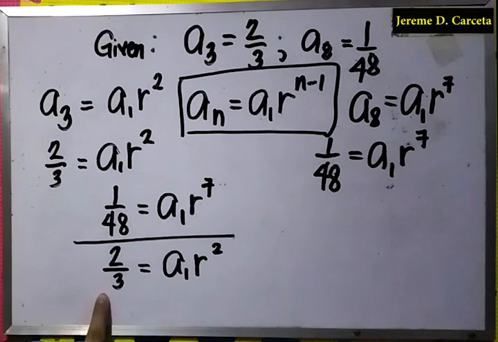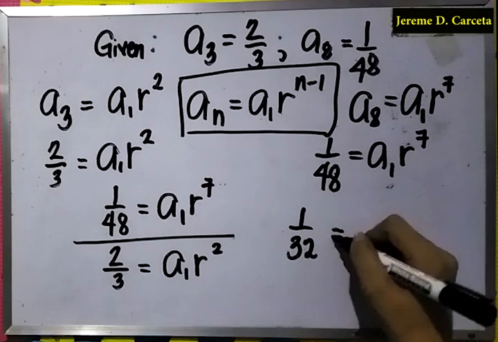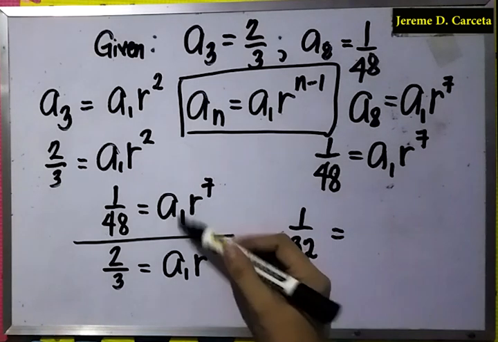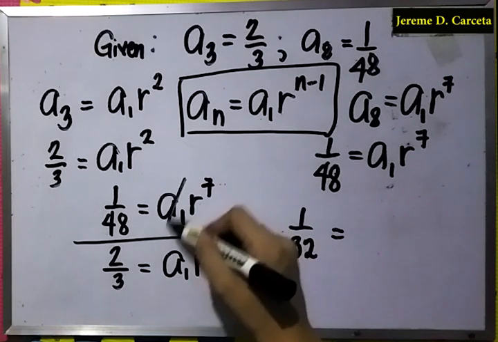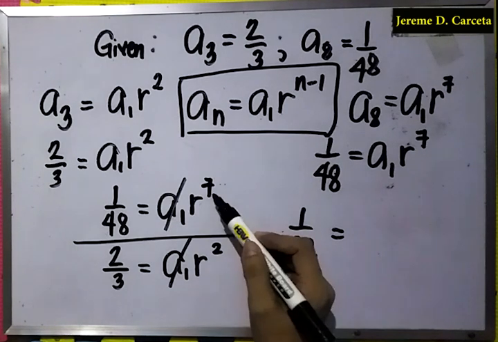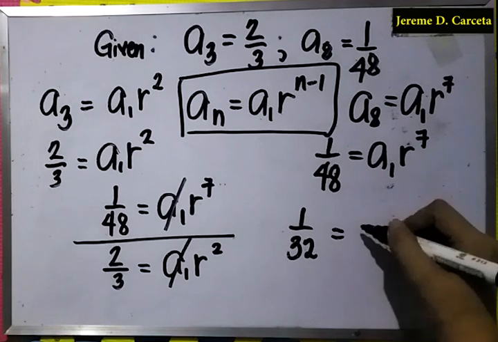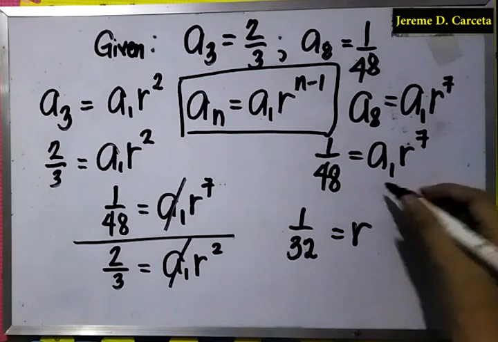We take the reciprocal of 2/3, which becomes 3/2, then multiply it by 1/48. That will give us 1/32 is equal to, our a sub 1 here will be cancelled. And for the laws of exponents, we subtract the exponents, so we will have r raised to 5.